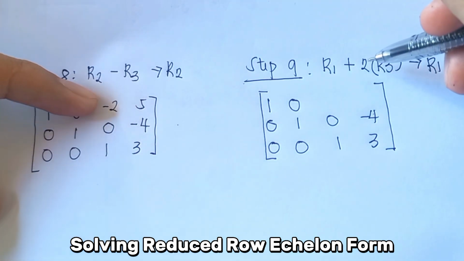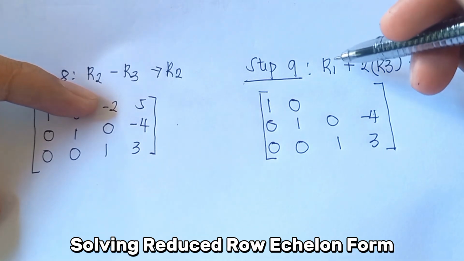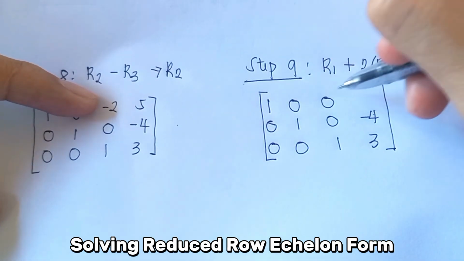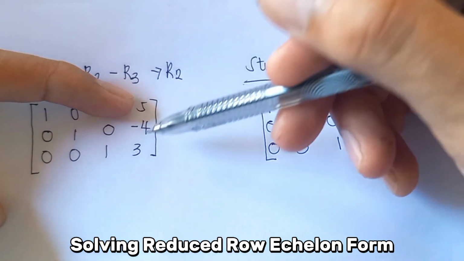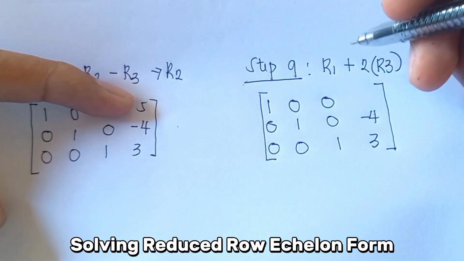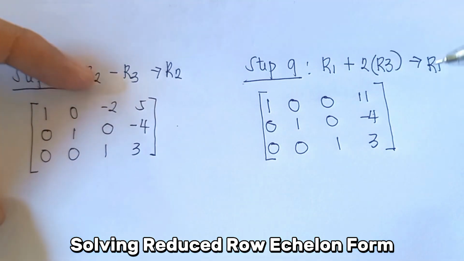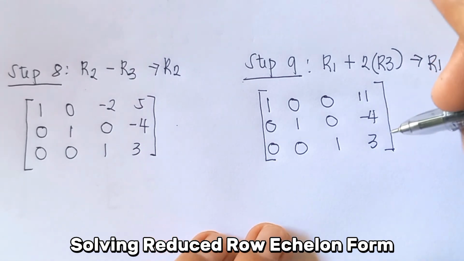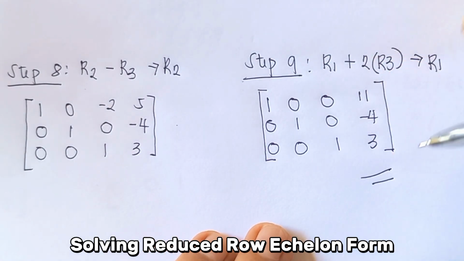Negative 2 plus 2 times 1, this is 0. So 5 plus 2 times 3 is 6. This will become 11. And this is now in reduced row echelon form. So this will be our final answer.